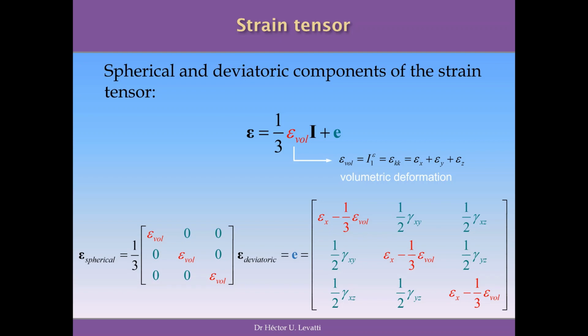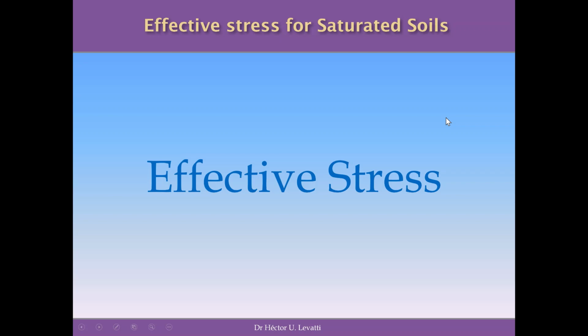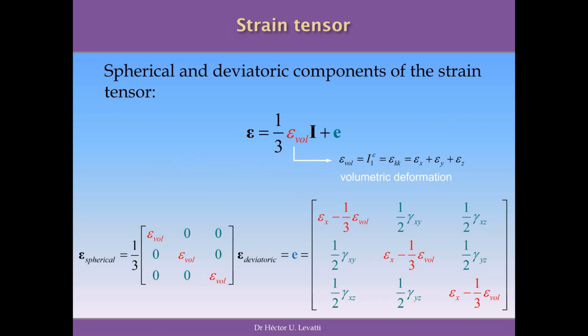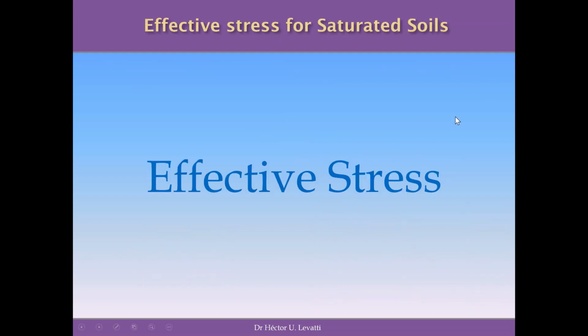We have a deviatoric stress and we have a deviatoric strain as well. I think this is good enough as an introduction to stress and strain tensors for you at this stage. But if you are interested in more detail, let me know, because I can provide more videos in this area of geotechnical engineering and structural engineering.